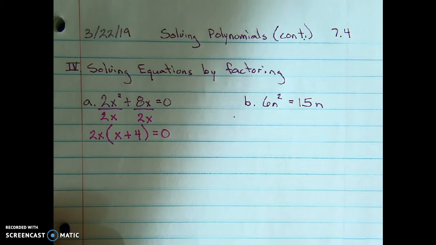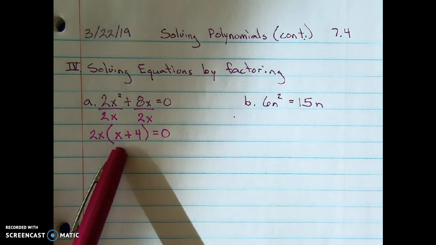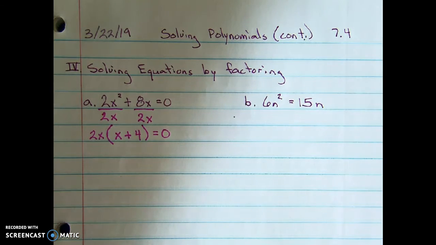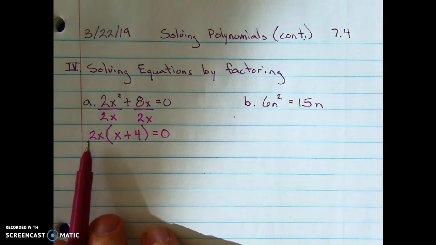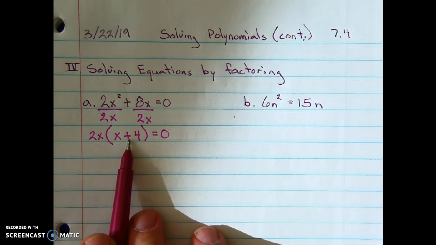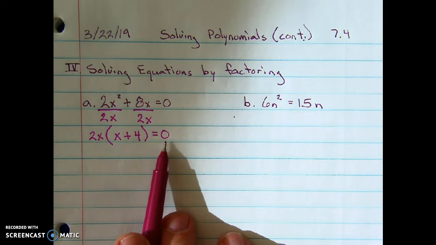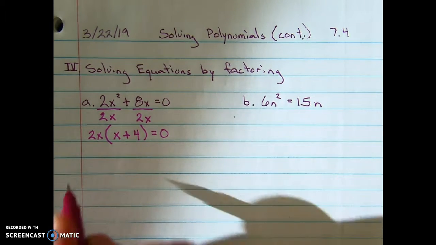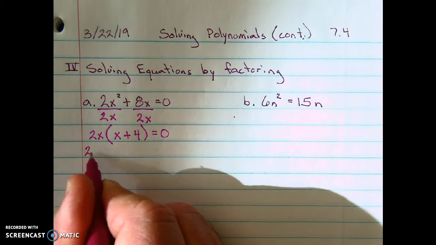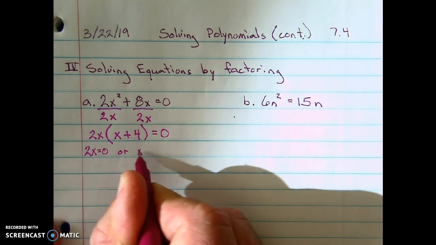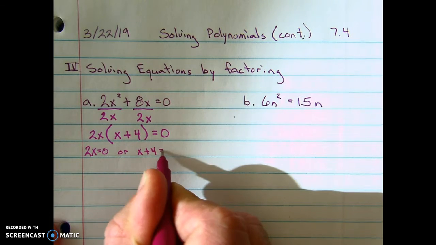So here's where I am right now. Now 2 days ago, we did lots of problems that started right there, so we just have to continue on. This is from the zero product property. If two things are multiplied together, this is a term and this is a term. Together they're multiplied. This is the product. It's 0. So that means at least one of these two terms is 0. So I just have to say either 2x is equal to 0 or x plus 4 is equal to 0.